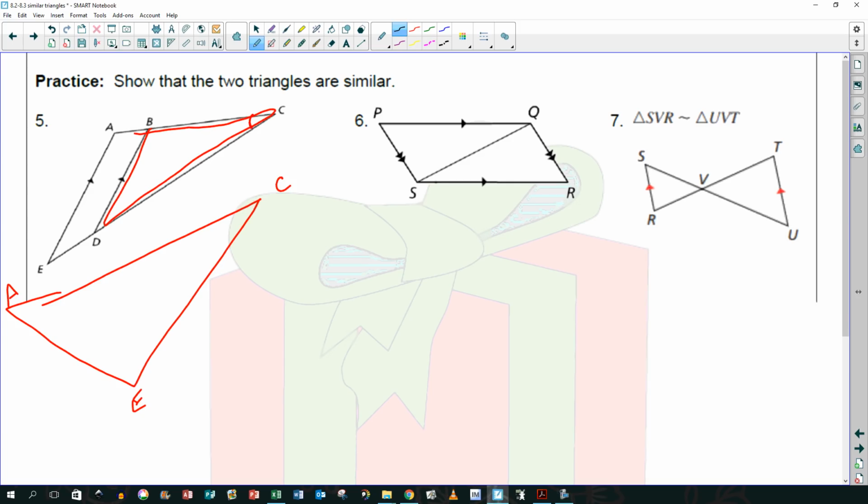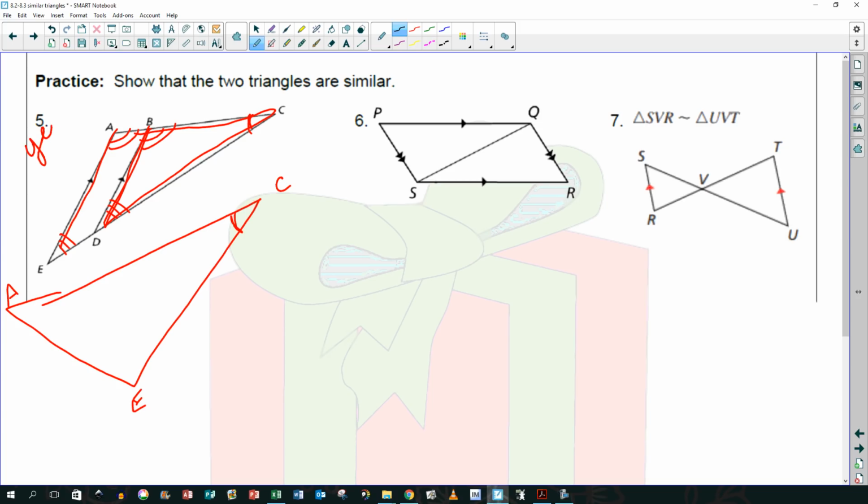Okay. They both use angle C, so that's reflexive. So C equals C by reflexive. A is congruent to B because these two are parallel to each other. So these are corresponding. And then E is equal to D because they're corresponding. So yes, these two are similar.